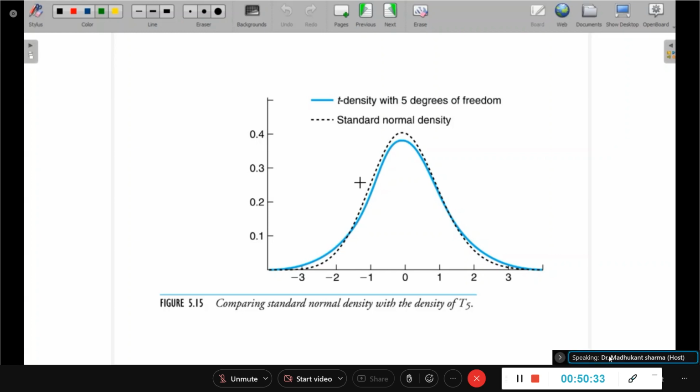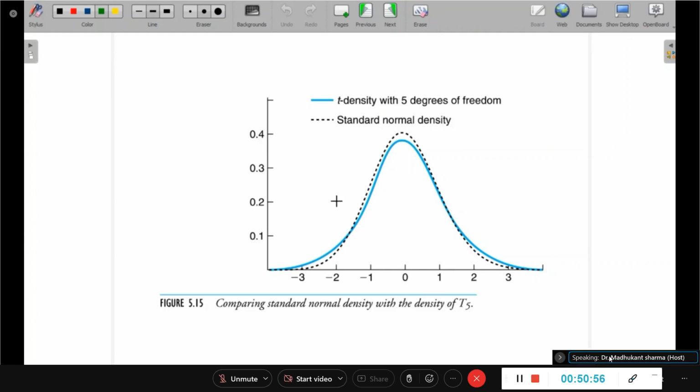Another important thing is that it's going to be symmetric about the point 0. The mean is 0, which is very easy to get. So in the long run, the mean can be approximated by 0.